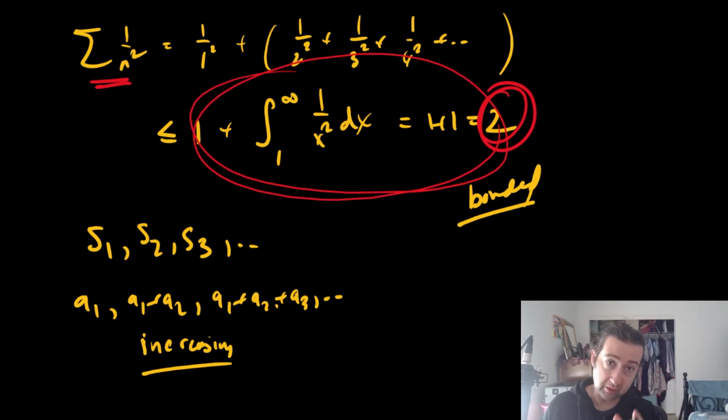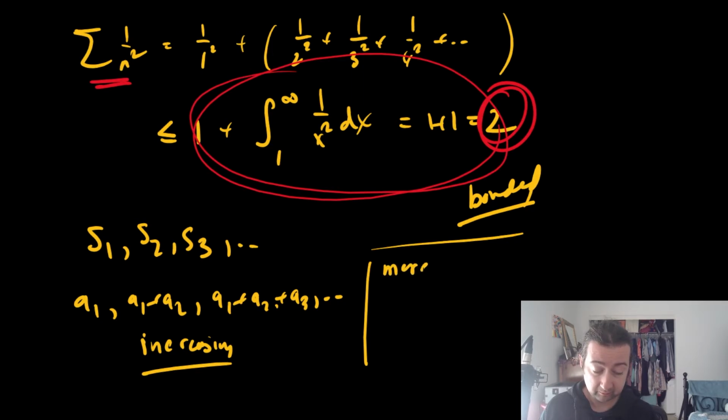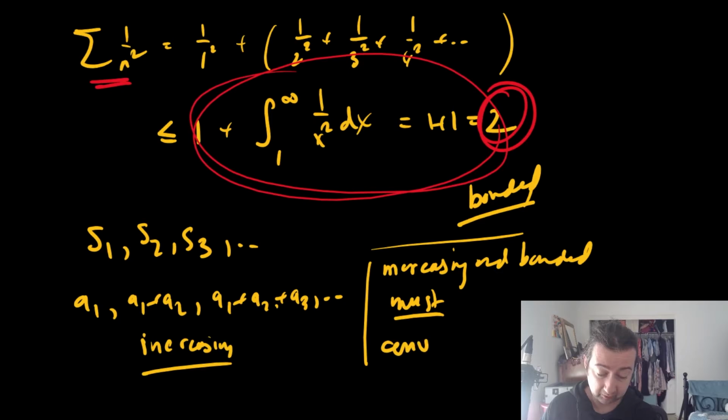And a sequence that is increasing and bounded must converge. That was the last theorem that we pointed out in the sequence section, that any sequence that is monotone and bounded must converge. This is where that theorem is applied.